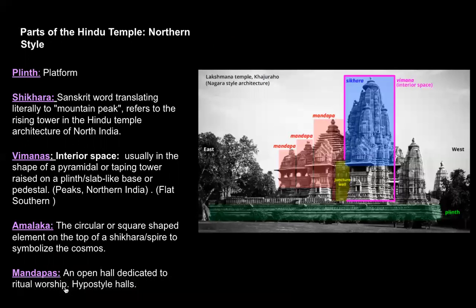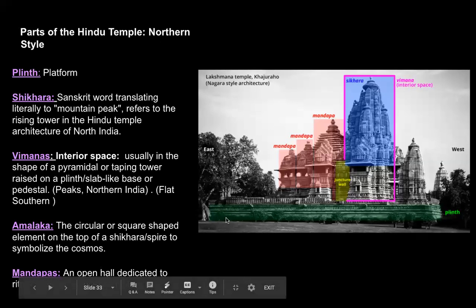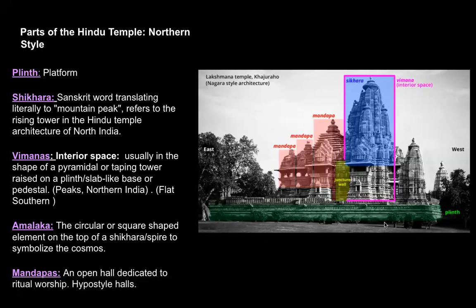And here's some of the basic vocabulary for the exterior of the temple. You might want to write it in your content section of your note takers. The platform is called a plinth, right? I think if you just said it was a platform, that would be fine as well. It raises it, elevates it, shows its importance.